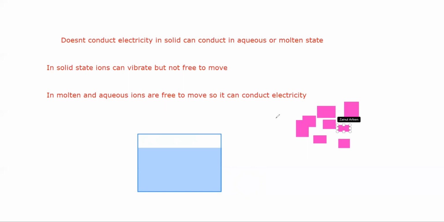But when you dissolve in water, what will happen? Ions will separate from each other. In some places you will have positive ions. So as you dissolve, the ions are separated from each other, which means ions are free to move. So if I pass the current, the ions can move. As the ions can move, it can conduct electricity.